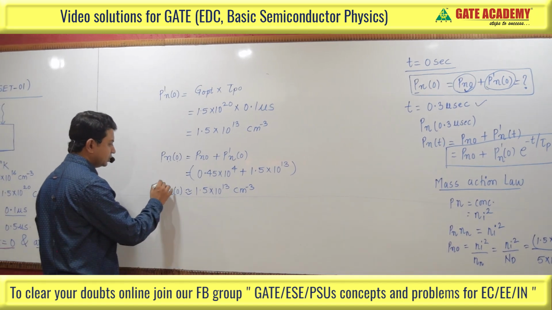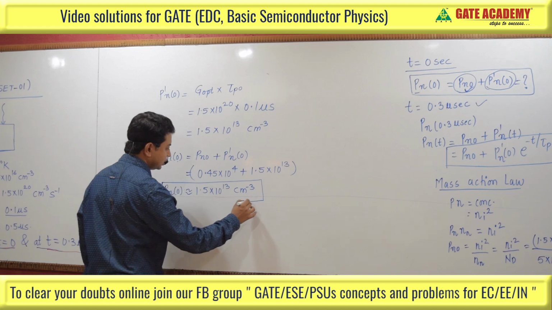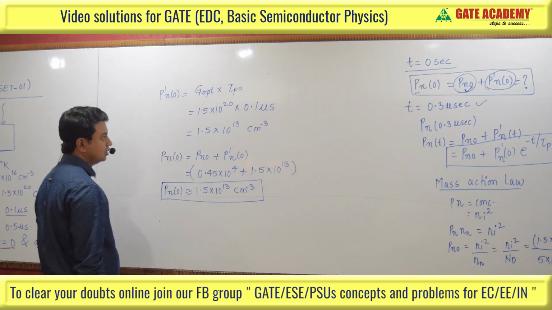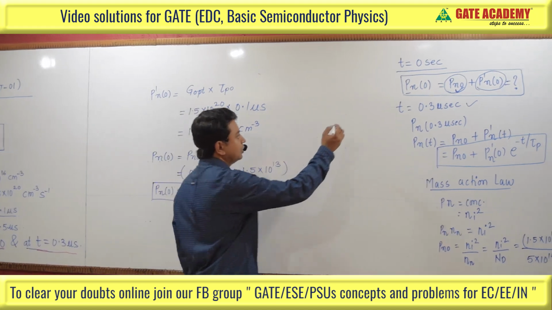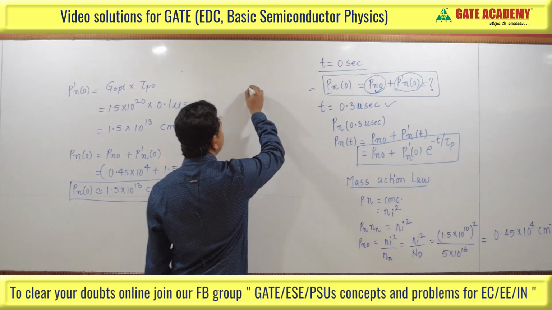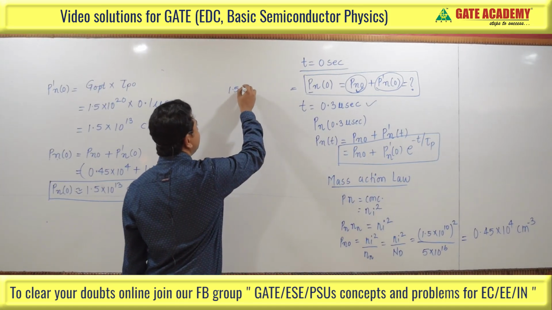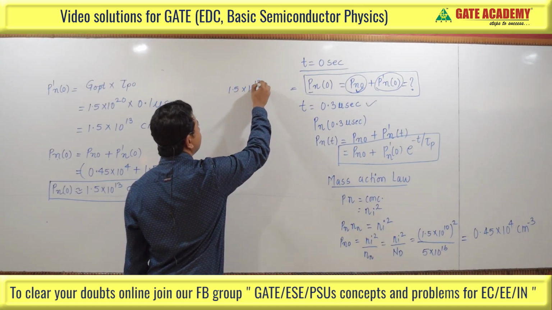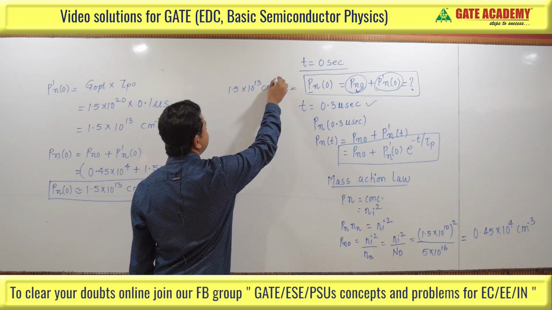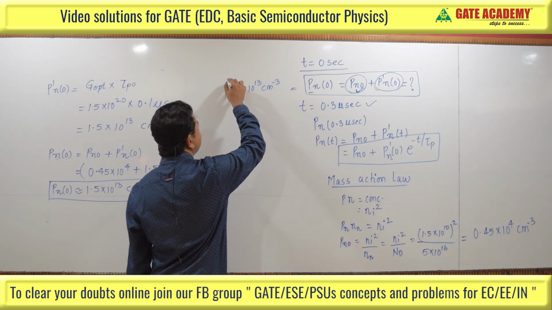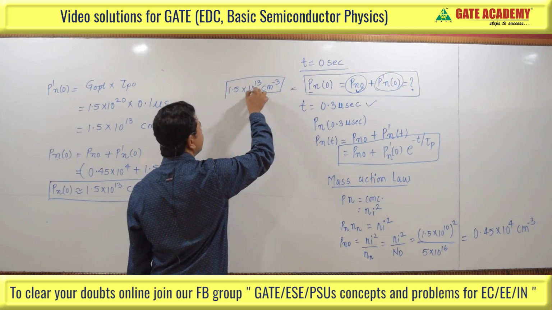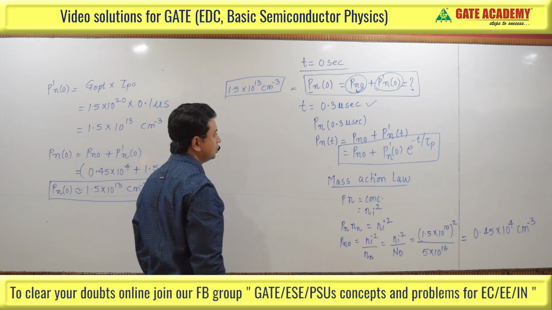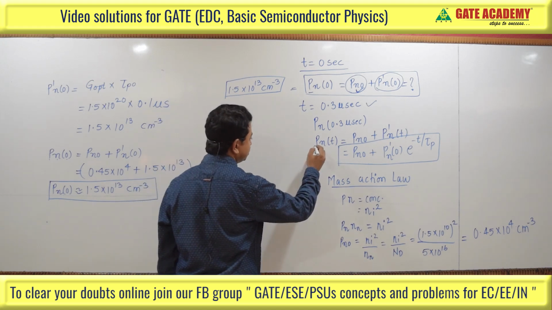So this is the first answer we got from the calculation: the concentration of holes in n-type semiconductor at time t = 0. That is the first question.